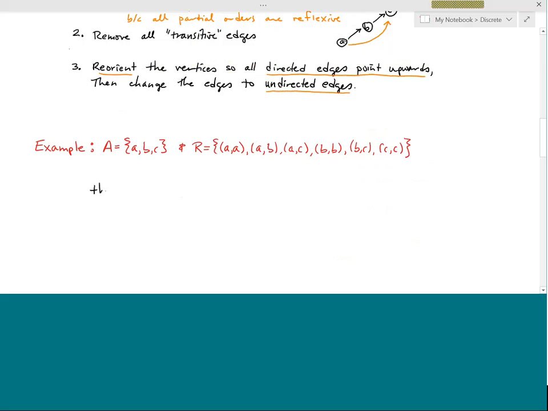And let me label what I'm doing, and then we'll have different snapshots at each stage. So our digraph representation, and I'm just going to throw these vertices on here in no real particular order. We've got AA, so we've got a loop at A. We've got AB. We've got AC. We've got BB, so a loop at B, BC, and we've got CC.